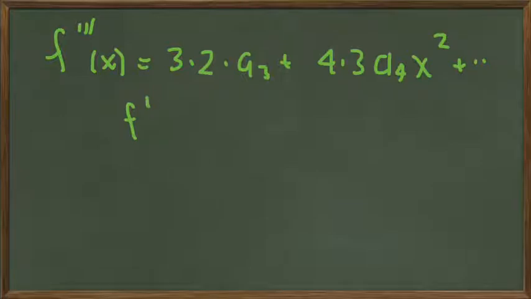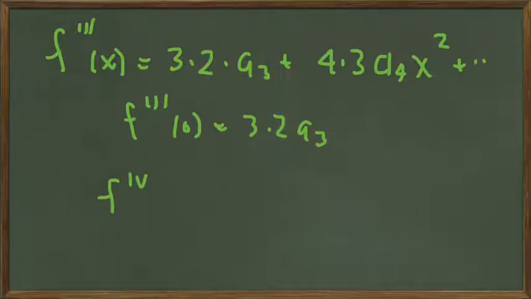So f triple prime of 0 is going to be 3 times 2a3, and can't we see from what's coming up next that f4 of 0 is going to be 4 times 3 times 2a4.